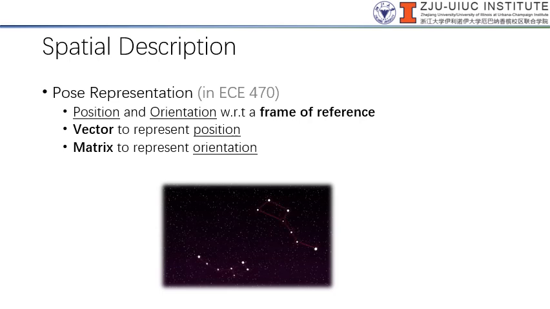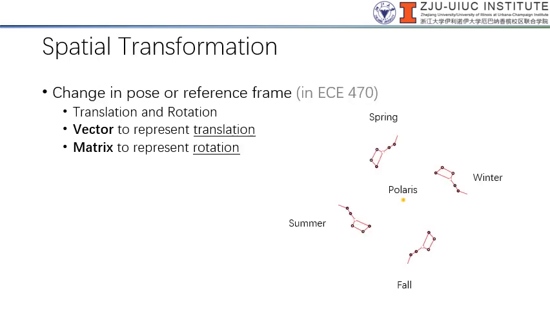Having said that, I'm sure you already see the relationship between your pose and the transformation. Transformations are kind of like a change in pose or reference frame. So when we change the coordinate system from one to another, it's a transformation operation.